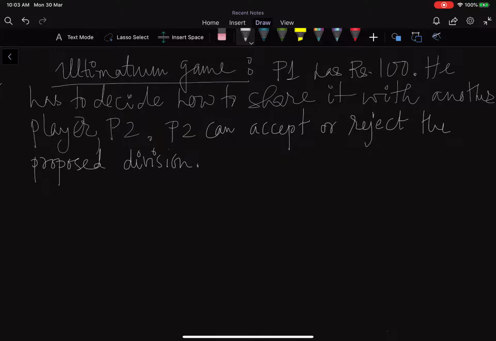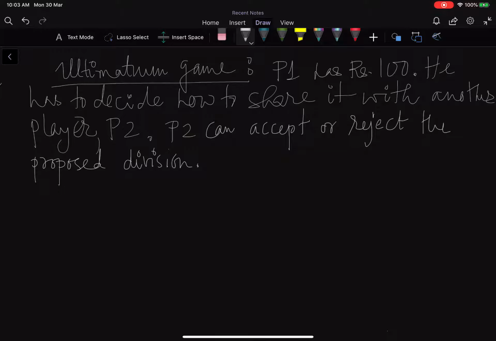If player 2 accepts, then they share it accordingly. If player 2 rejects, then both get 0. So 100 rupees is gone, and the payoff is 0 for player 1 as well. So that's the game. It's called an ultimatum game.